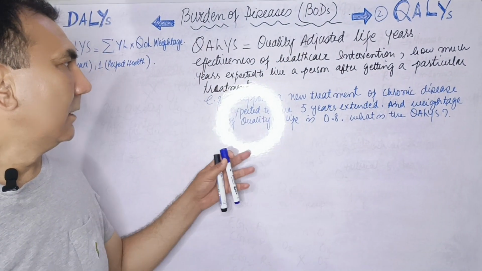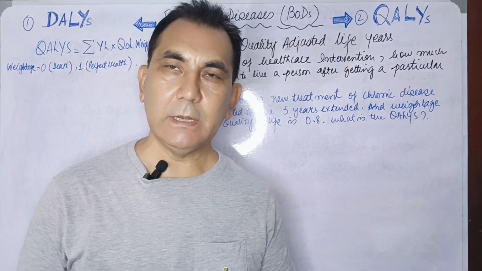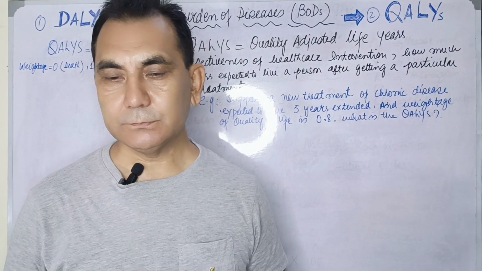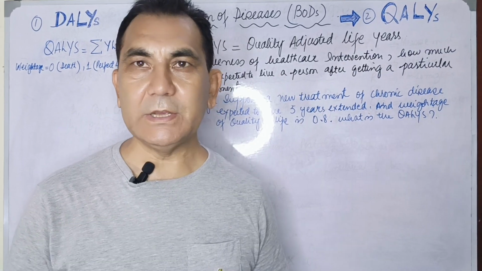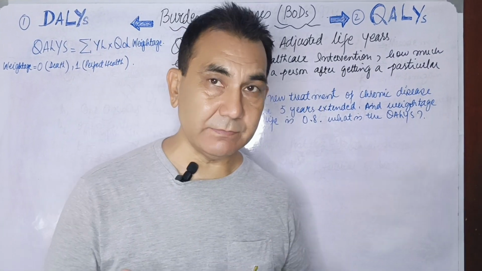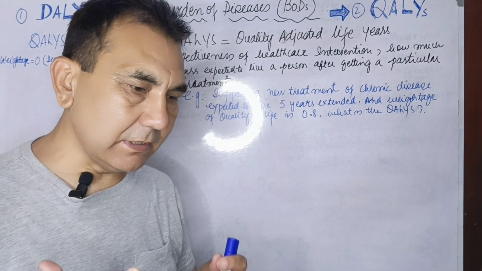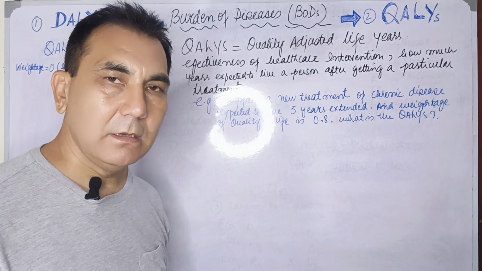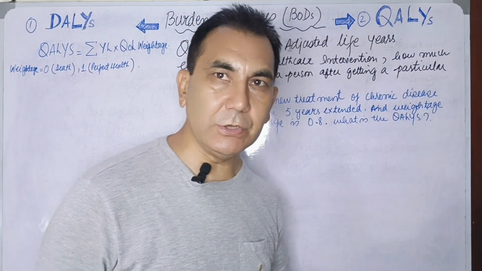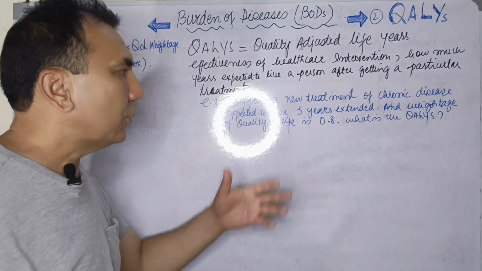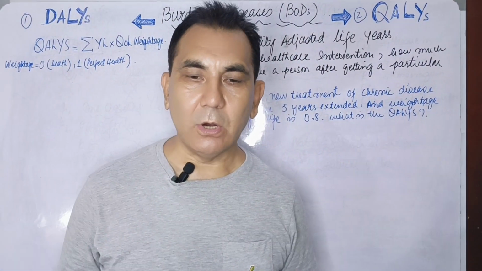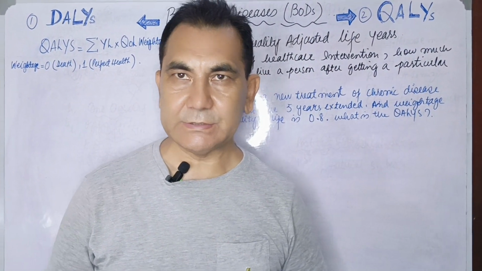Okay, let's clear our concept of how QALYs measures the burden of disease with a scenario, an example. Suppose a new treatment has been launched for a chronic disease.